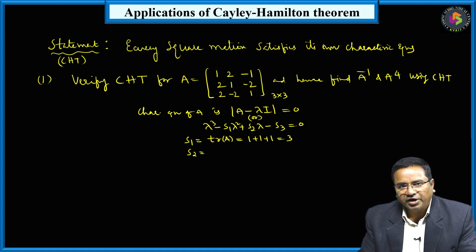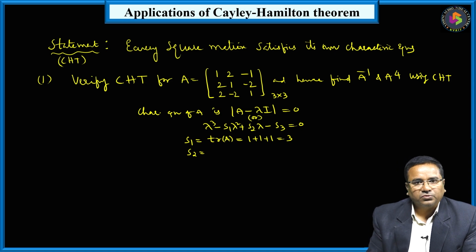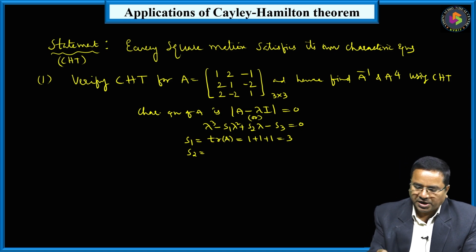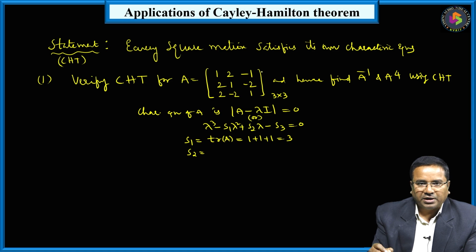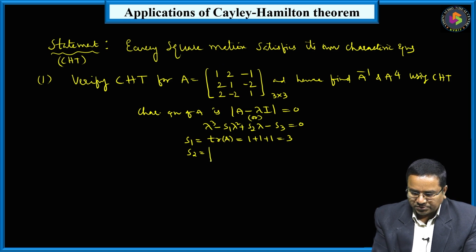So find the minor of A11, minor of A22, and minor of A33. The minor of A11 is obtained by deleting the first row and first column, and we get 1, minus 2, minus 2, 1.